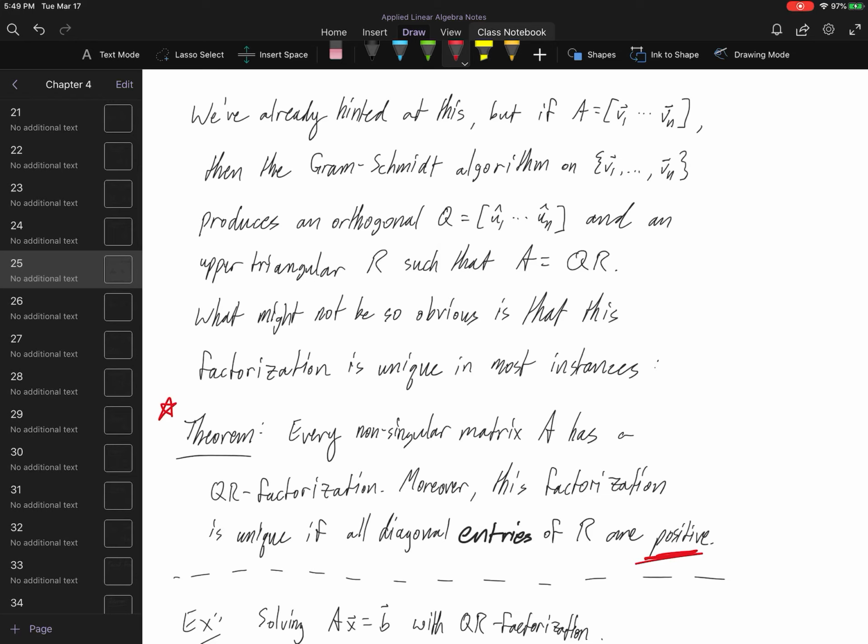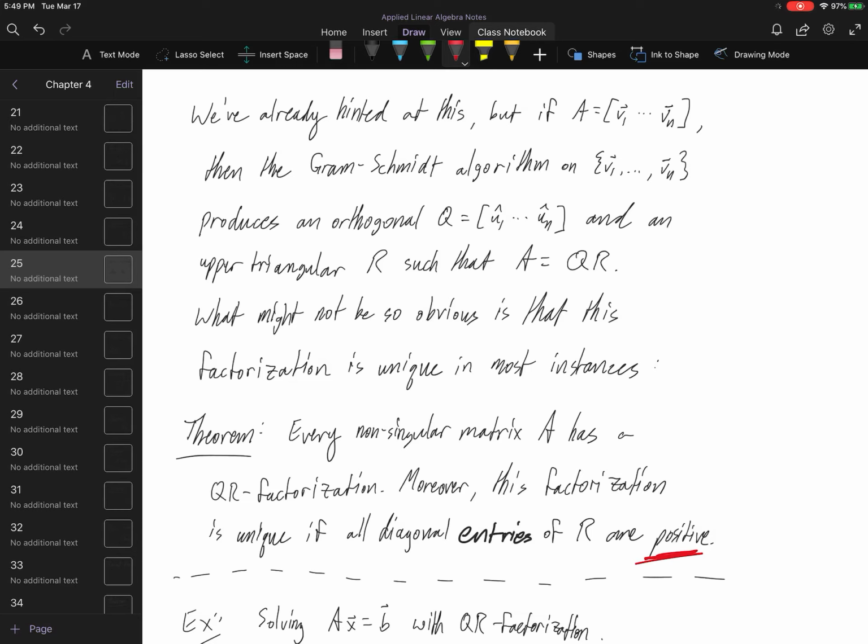It would stand out to me that the diagonal R entries might dip to the negative side, but the theorem actually says that we're dealing with non-singular matrices. So that means the columns are already linearly independent.